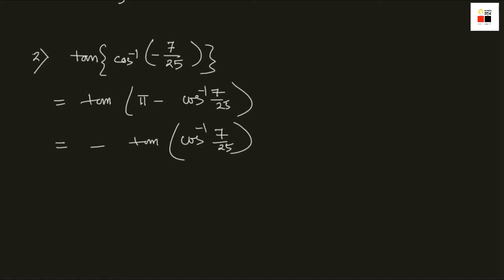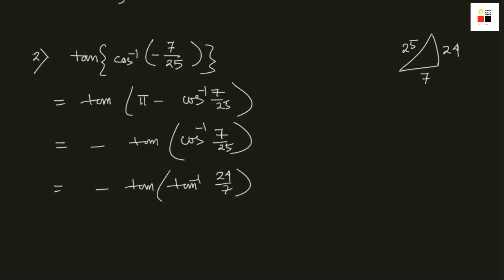If we take a right angle triangle whose base 7, hypo 25, then 24 will be perpendicular. This is equals to minus tan inverse 24 by 7. This is equals to minus 24 by 7. This will be the answer.